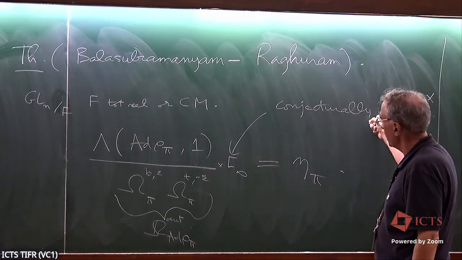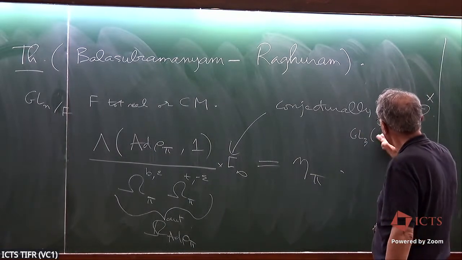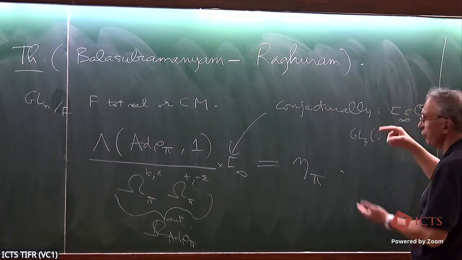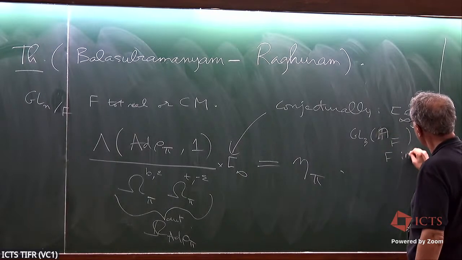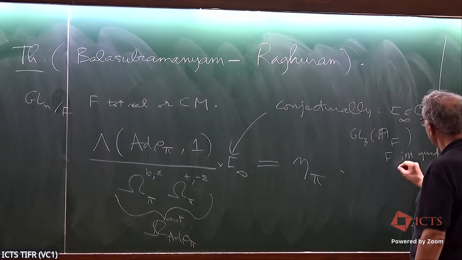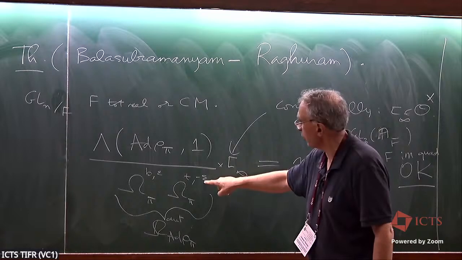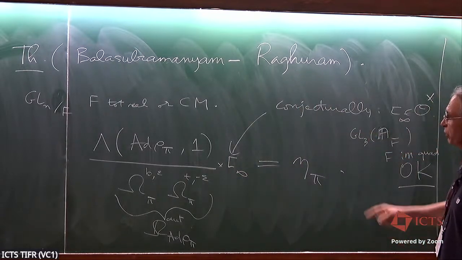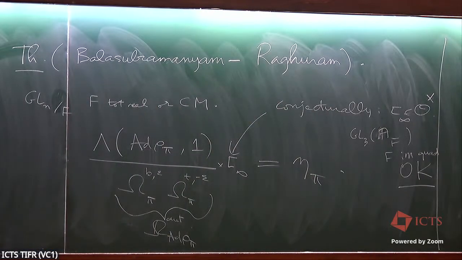So for GL3 of F imaginary quadratic, which is the case we are interested in for our work, this is okay. Of course, in that case, there is no epsilon. Doesn't change much. So all these theorems are our starting point.